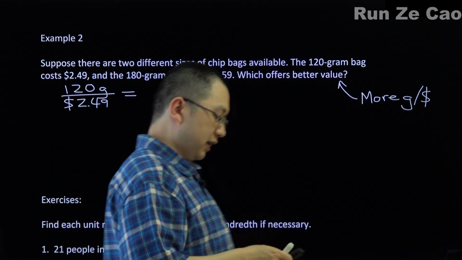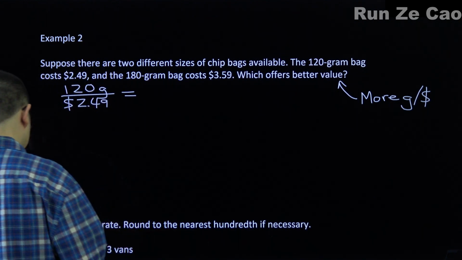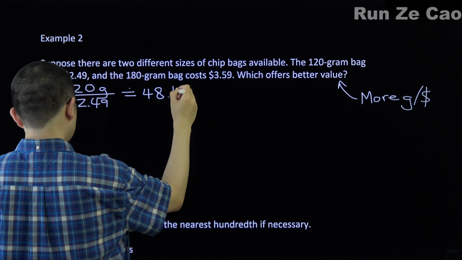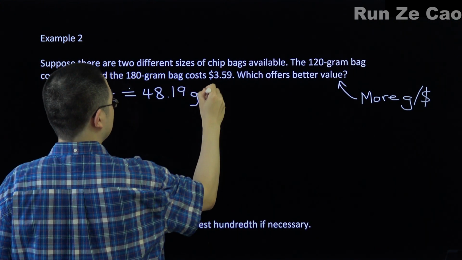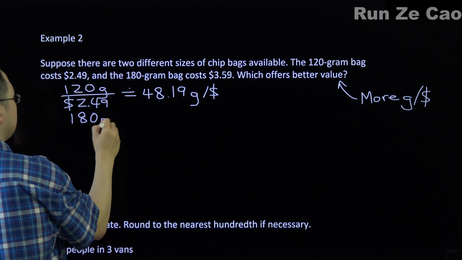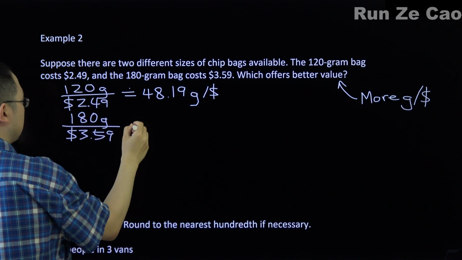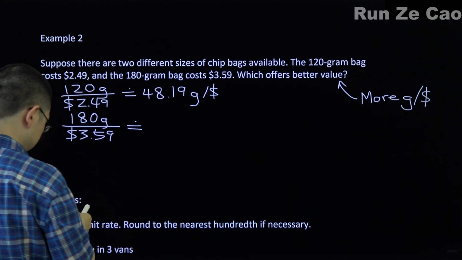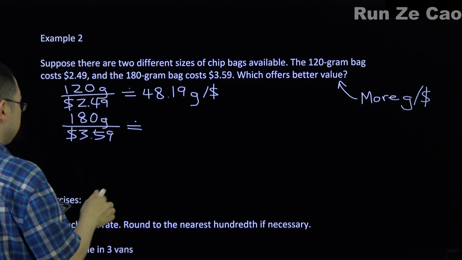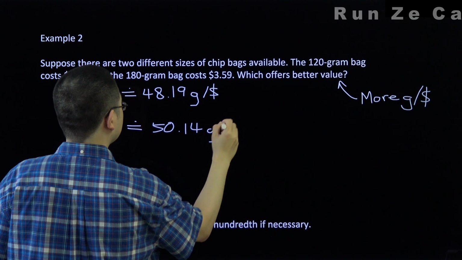we'll use an approximation. 120 divided by 2.49 is approximately 48.19 grams per dollar, and 180 grams per $3.59 is approximately 180 divided by 3.59, which is approximately 50.14 grams per dollar.